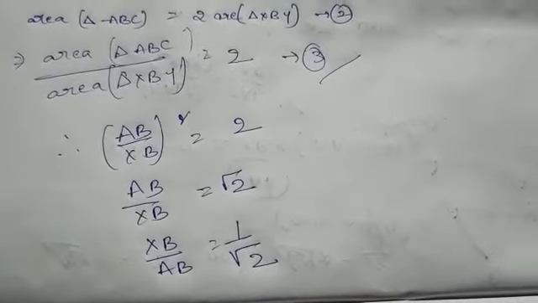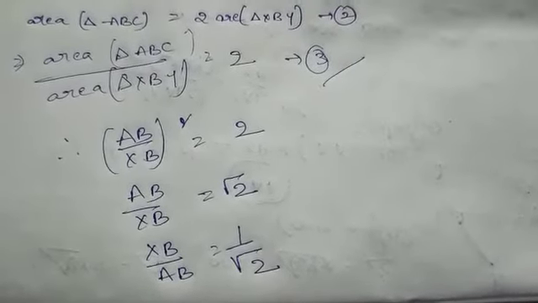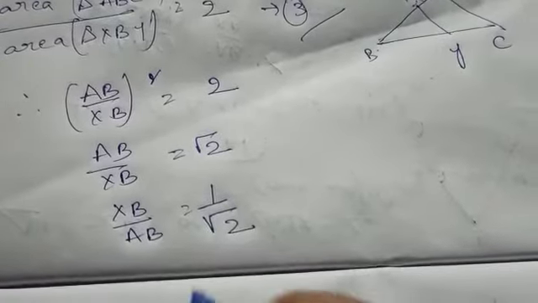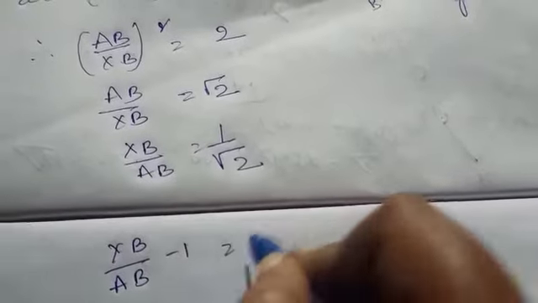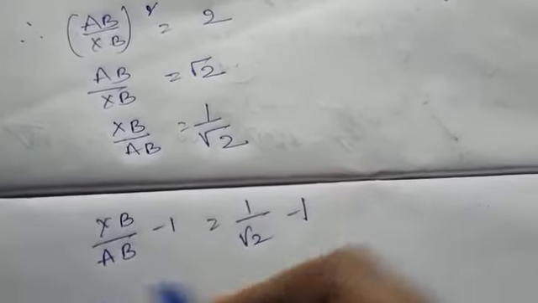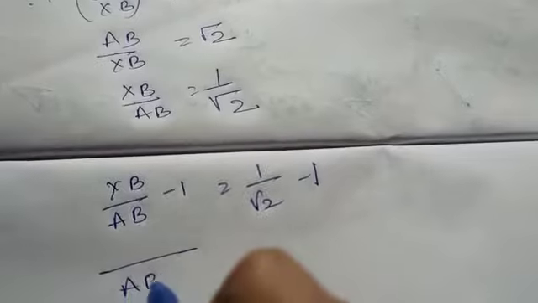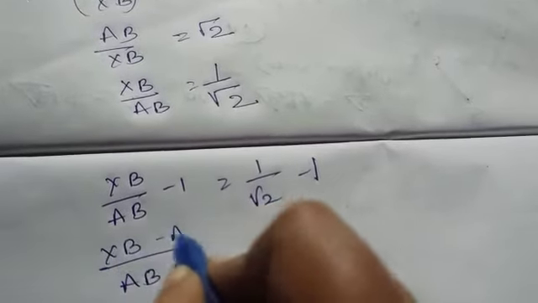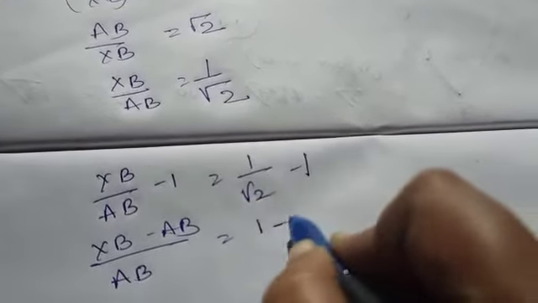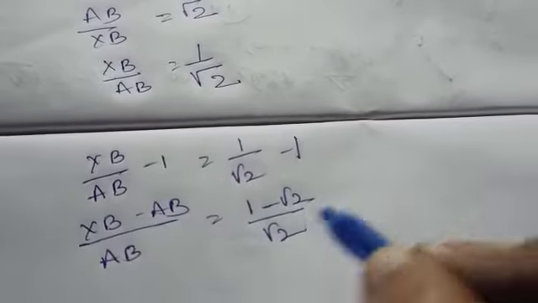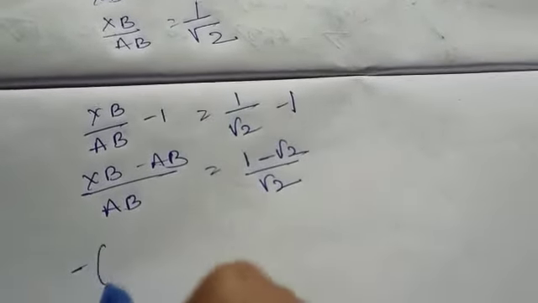Okay. Here we have to find AX by AB. Subtract 1 on both sides. XB by AB minus 1 equals 1 by root 2 minus 1. Take LCM. (XB minus AB) by AB equals (1 minus root 2) by root 2. Okay. Here minus is common.